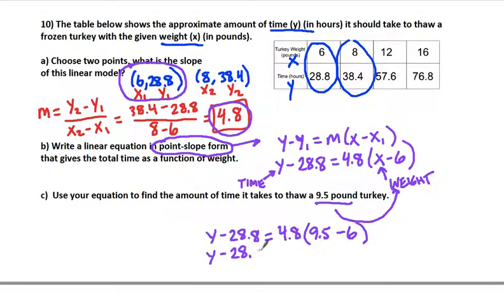Okay, so type in your calculator 9.5 minus 6 first, and then multiply that by 4.8, and you should get 16.8.